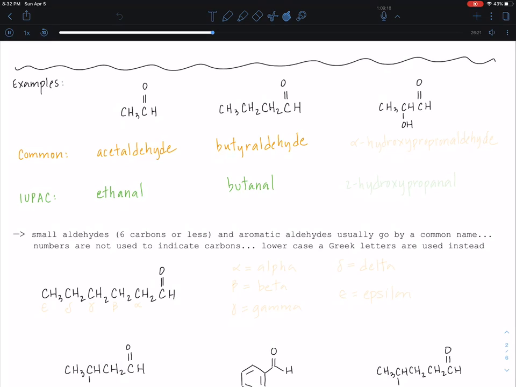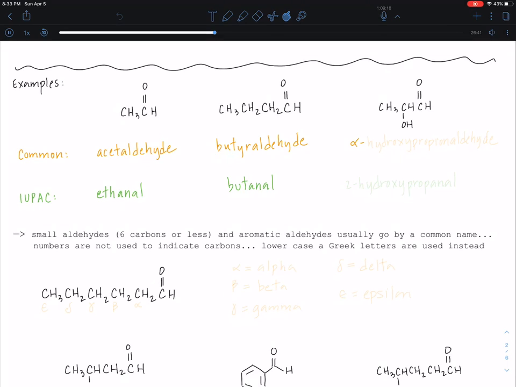And so with common nomenclature, they don't use numbers like we do with IUPAC nomenclature. They use lowercase Greek letters. The very first carbon after the carbonyl, so technically the second carbon in the chain, right, is called the alpha carbon. And so this is called alpha.